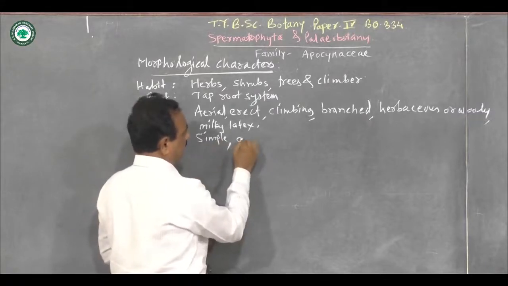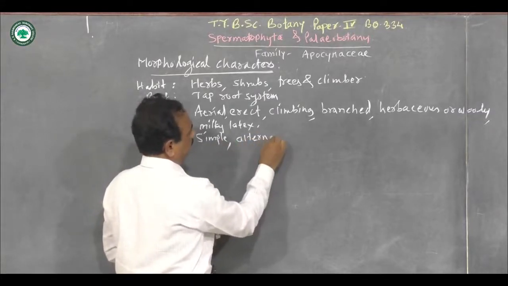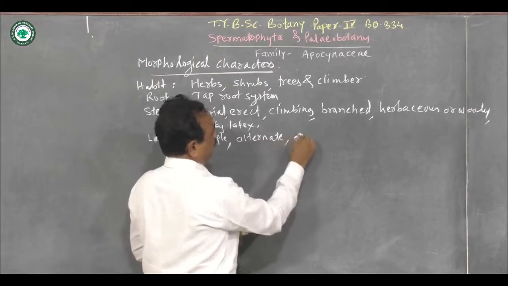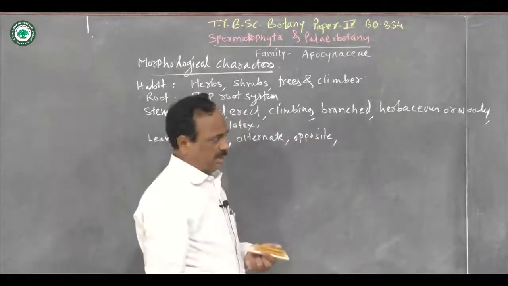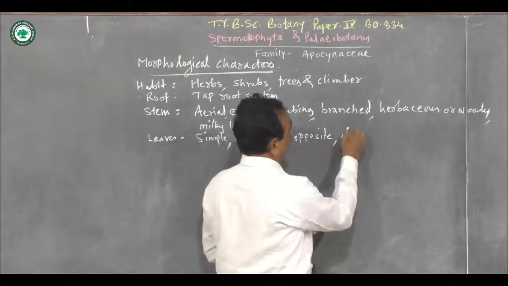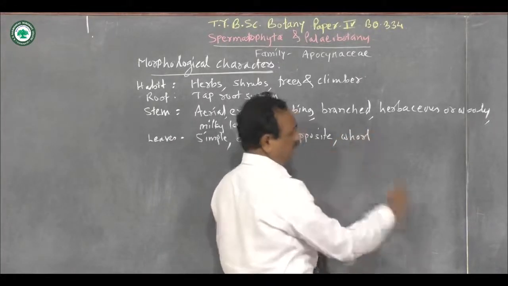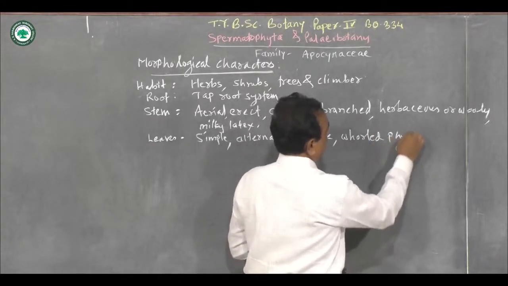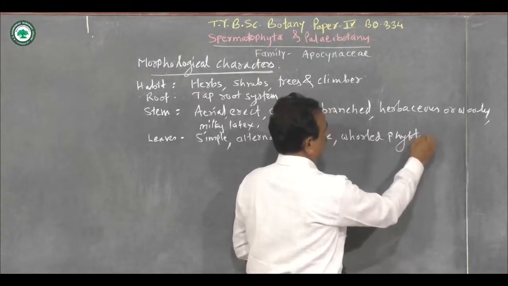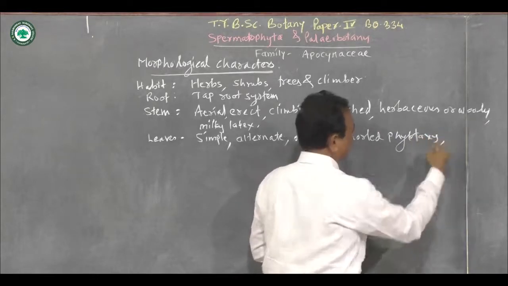and they show different phyllotaxy. They may be alternate, or may show opposite phyllotaxy, for example in the case of Catharanthus roseus, or plants of the family may show whorled phyllotaxy, as in the case of Nerium.